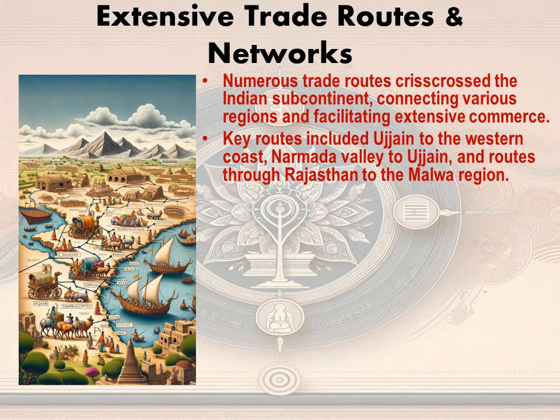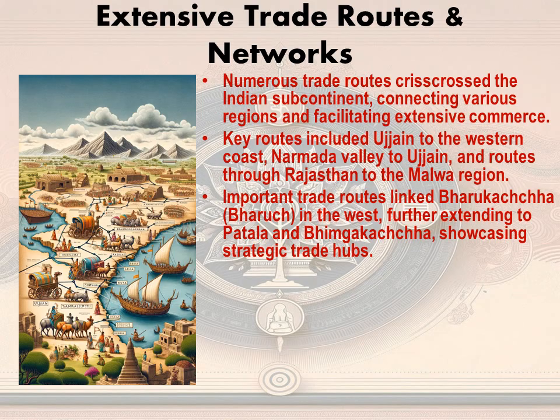The most important land route was Ujjain to the western coast of the Indian subcontinent, which was on the Arabian Sea, Narmada Valley to Ujjain, and routes through Rajasthan and Malwa region.